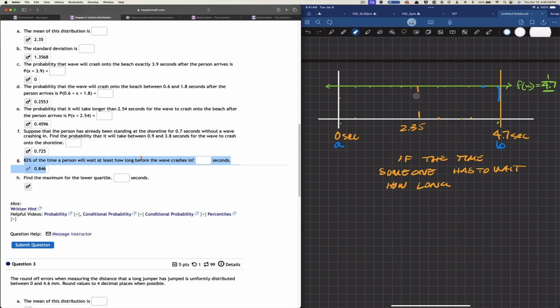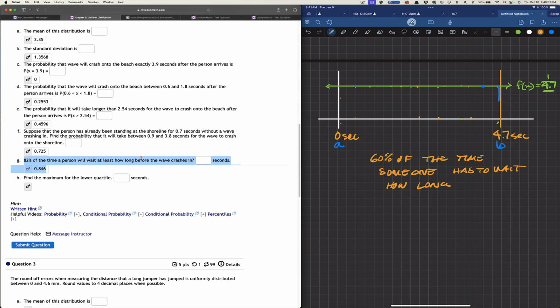And let's say it's 60% of the time. 60% of the time, someone has to wait how long? When I say 60% of the time, that means 60% of the people are waiting. That means there are more people that are waiting some certain amount of time before the wave crashes.